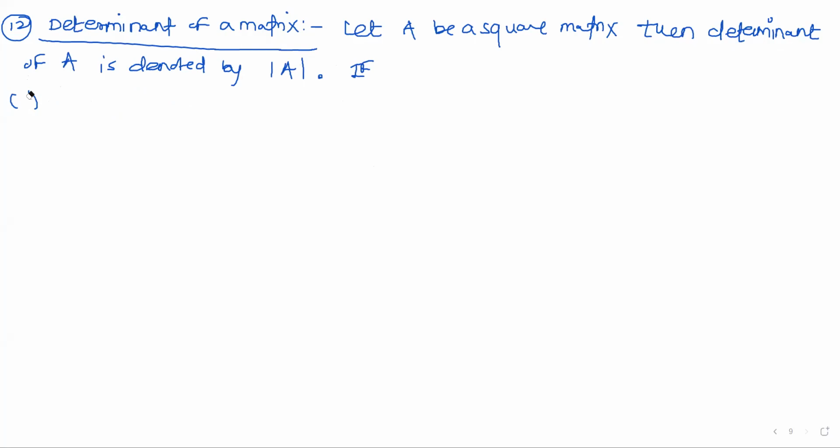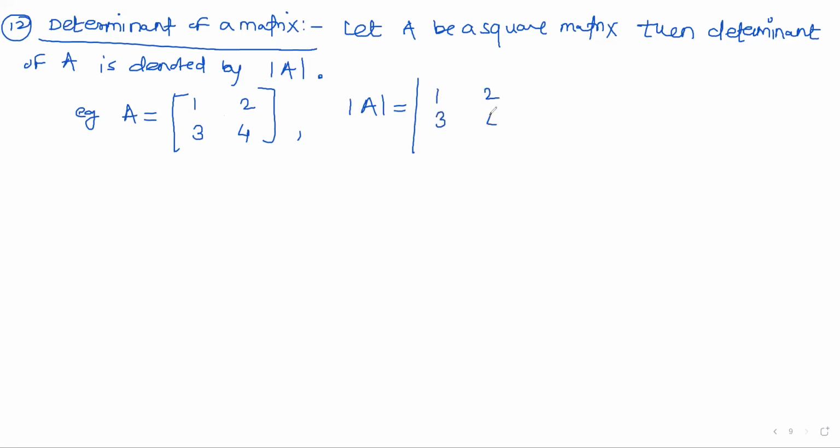You already know, but let me revise this. Let us see a 2 by 2 example, something simple: 1 2 3 4. Then its determinant is denoted by this symbol, two vertical lines, 1 2 3 4. It is given by multiplying this into this minus this into this.